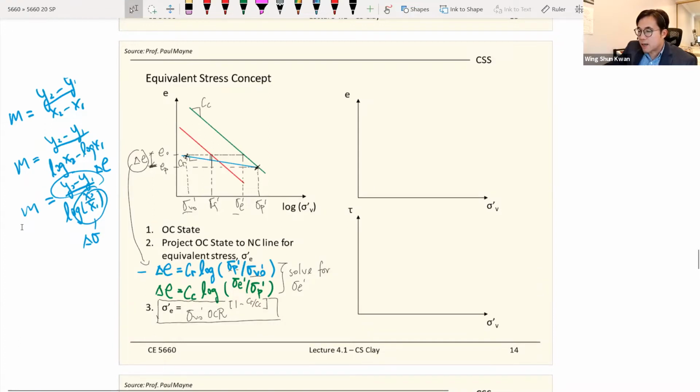It's just like geometry in a semi-log scale, where delta y is the change of the void ratio and delta x is the change of the stress. For the change of the stress, within this equivalent stress concept, you have the initial stress, the final stress, the maximum past pressure, and along with it the equivalent stress. Any questions on this point?